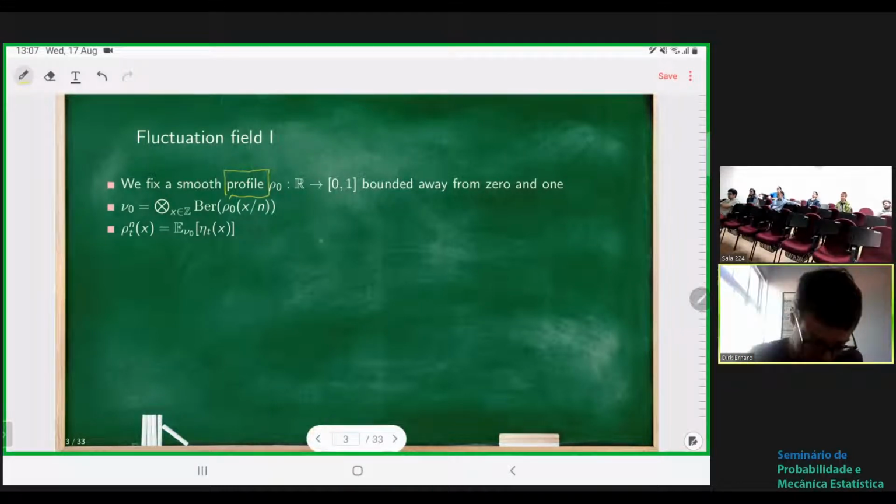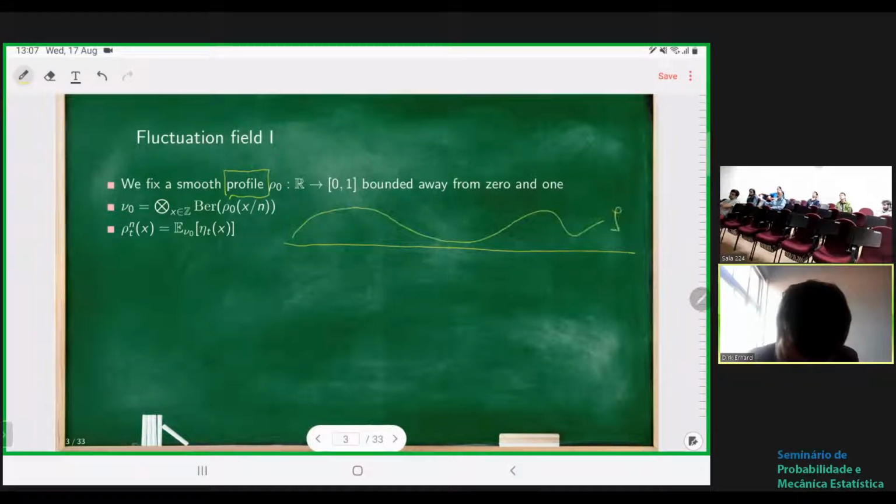So really what is happening, you're here on your line, and then you look at this function rho naught. Let's say here's the value 1. Essentially, the higher the value of the function at this point, the larger the density.